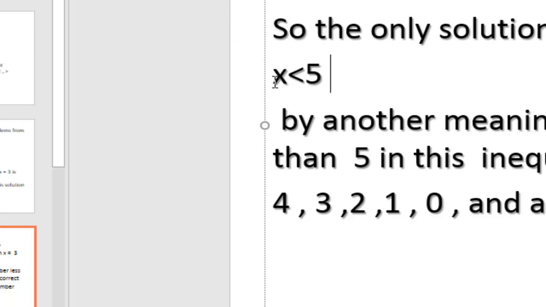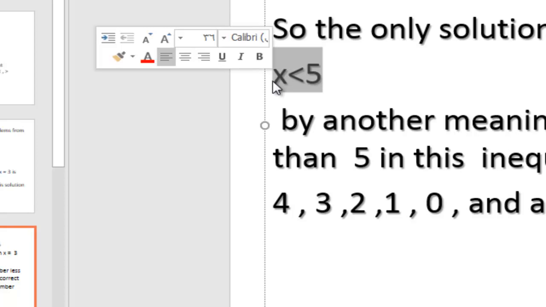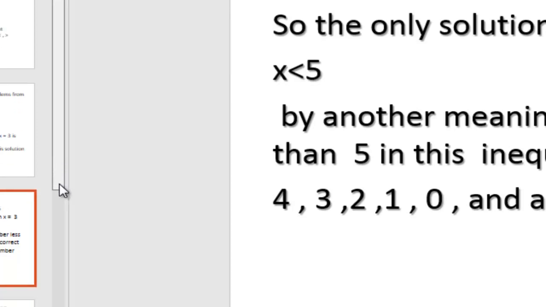By 3, by 2, by 1, by 0, by any negative number, all of these will be correct, because the inequality says x less than 5. The inequality needs a number less than 5, not more than 5.